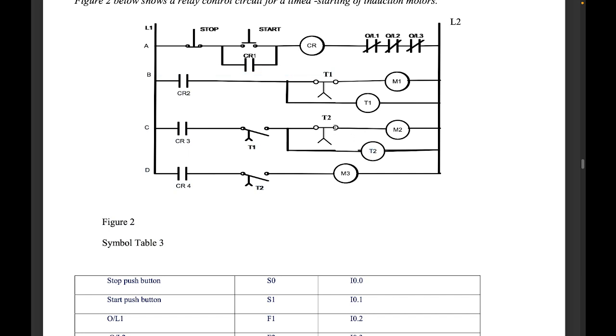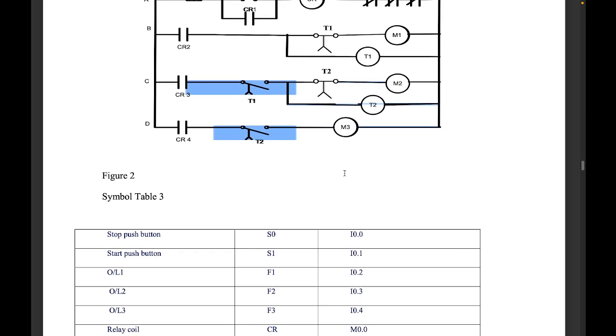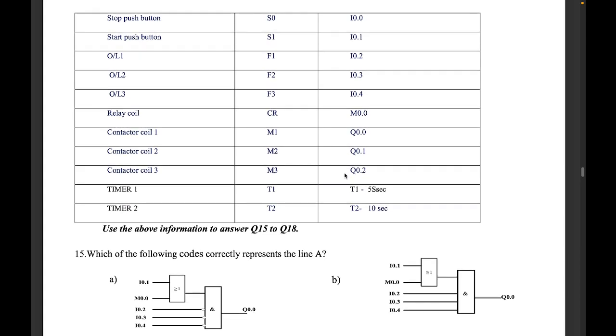After 10 seconds, this will open, this will close, current now flows through here. So at the end of everything, what are we doing? Motor 1 should be on for 5 seconds, then go off. Motor 2 comes on 10 seconds, goes off. Motor 3 comes on. So at the end of everything, motor 3 must be what will be left in the circuit. So which of the following describes the operation of line A.